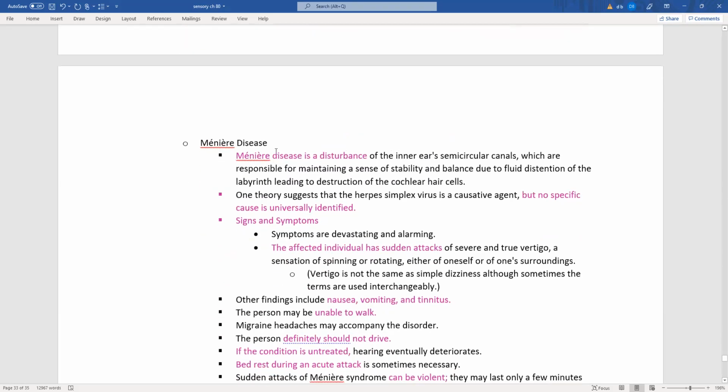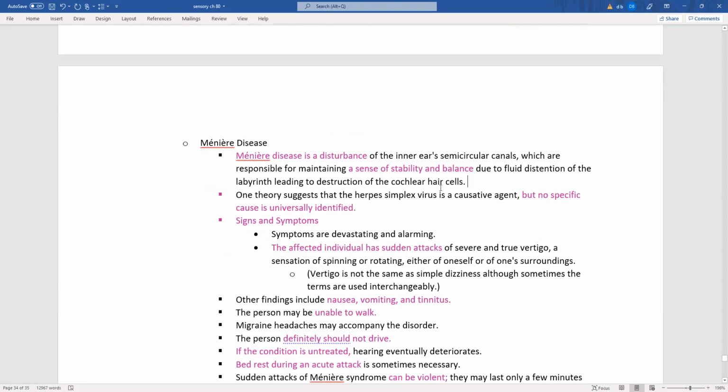This is what Tank has, the singer Tank, Meniere's disease. Meniere's disease is a disturbance of the inner ear semicircular canals, which are responsible for maintaining a sense of stability and equilibrium, which is balance, due to fluid distension of the labyrinth leading to destruction of the cochlear hairs.